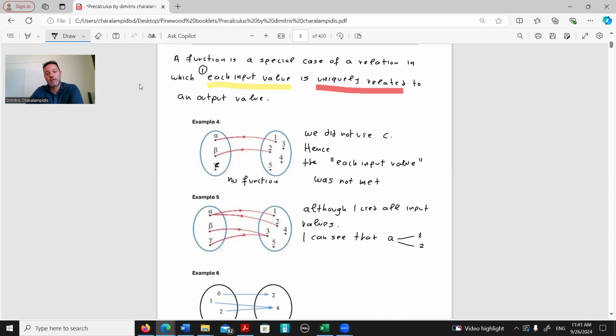So this means that the uniqueness part is lost. Once again, no function here.